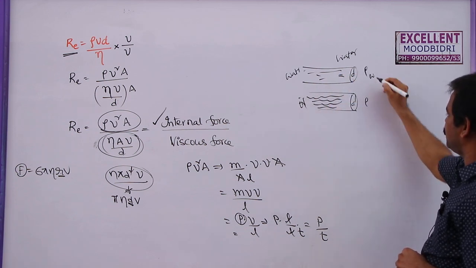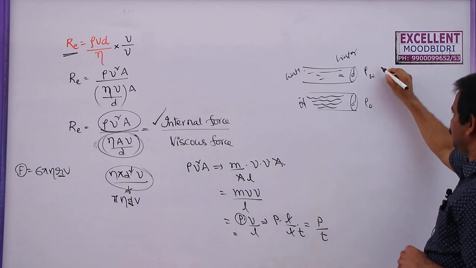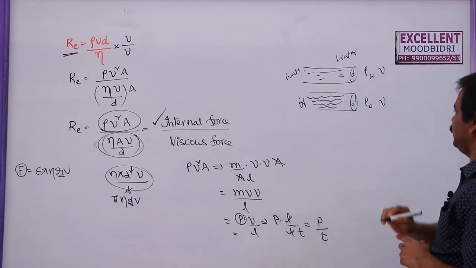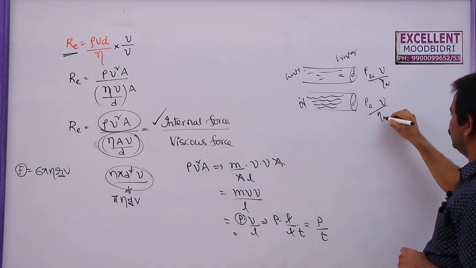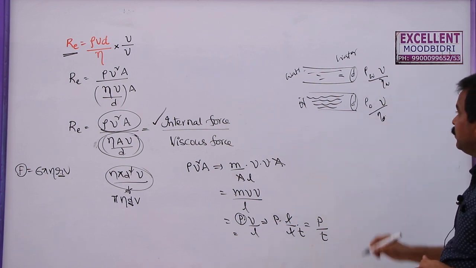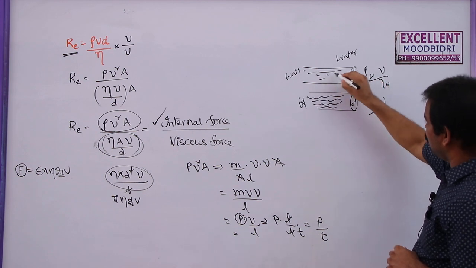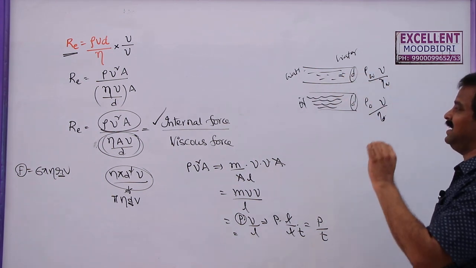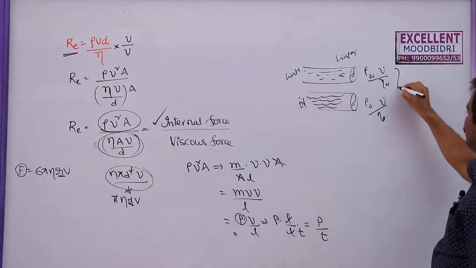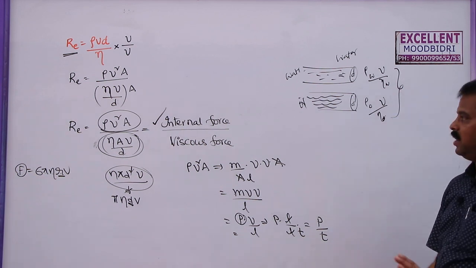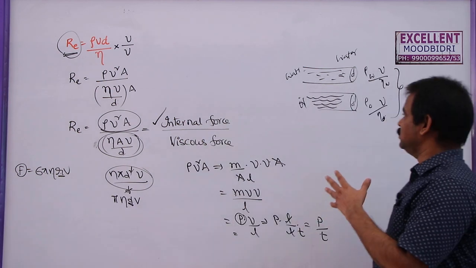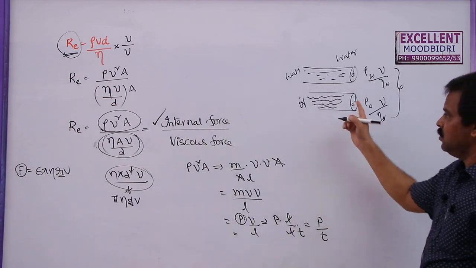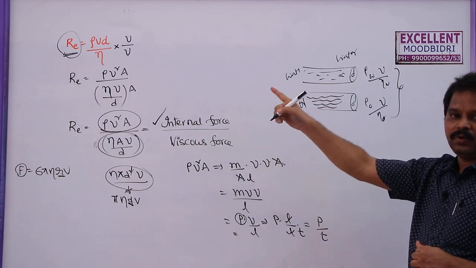Their velocities may be the same and d the same. The viscosity is different, but it is found that both flows will become turbulent at almost the same number. That's why Reynolds number is used for any liquid, whether viscous or non-viscous. We can find whether the flow is turbulent or not.